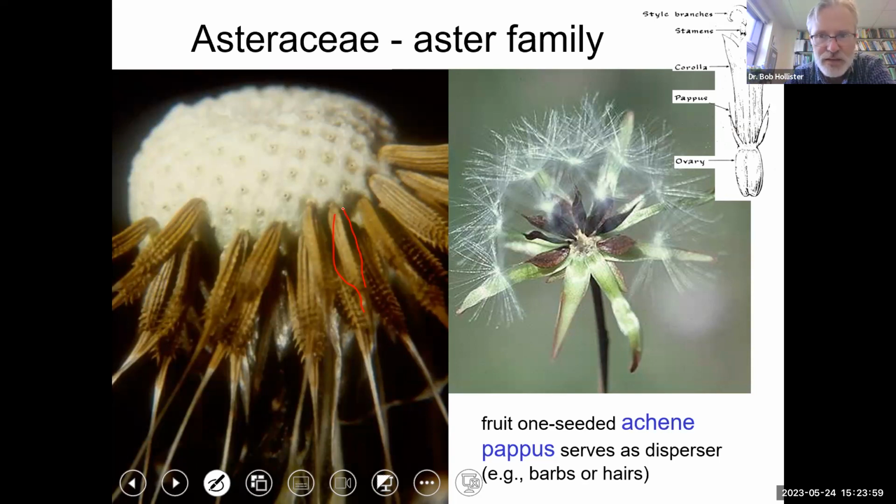I'm pretty sure the whole family is all achenes. Remember, our Cyperaceae were also achenes. And in this case, they've got the pappus, the stuff that catches the wind, which was all sepals.